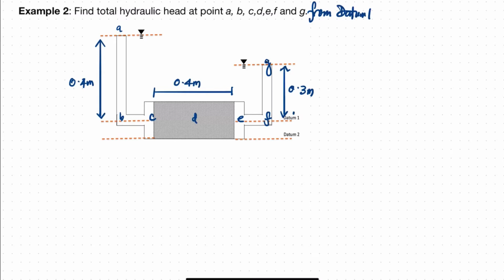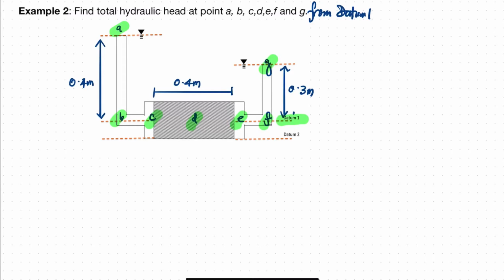So we're going to see where datum number 1 is. That's there. That's datum number 1. And the points are A, B, C just outside the media, D within, at the center of the media, E just outside the media, F and G.